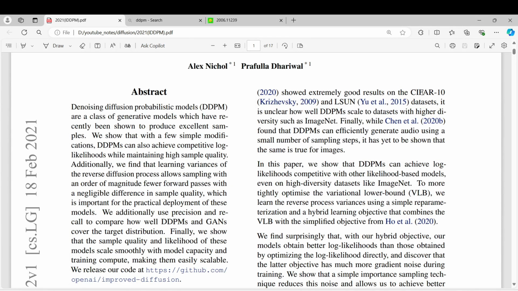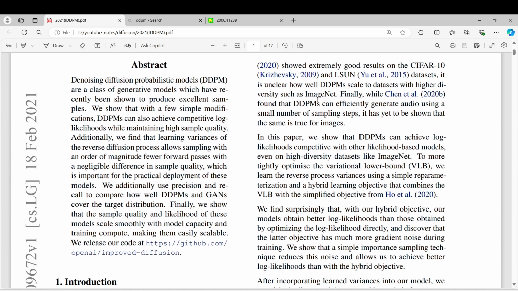They're using the CIFAR10 and LSUN datasets for it, and in the previous paper we tested with CIFAR10 and LSUN datasets. This model DDPM was trained on them, with extremely good results on CIFAR10 and the bedroom dataset.